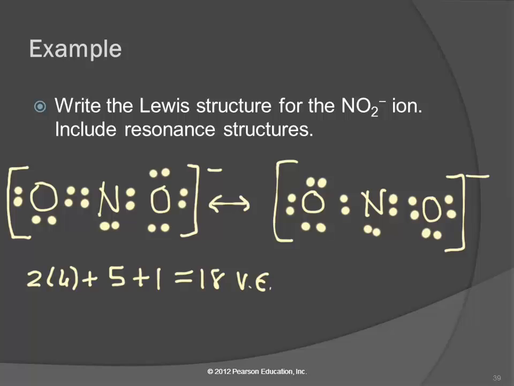That's kind of a big negative sign. Those are equivalent structures. We call them resonance structures because the actual structure of nitrite ion is between them.